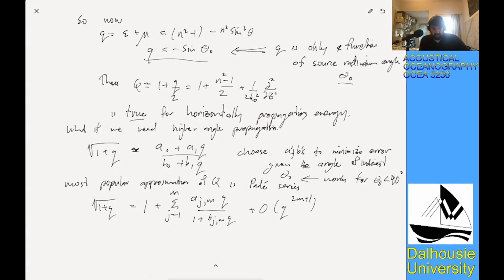So we can choose the upper order of our sum to reduce the error. But what are the AJs?